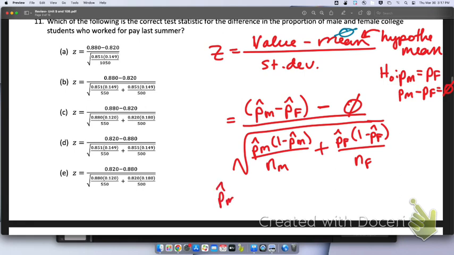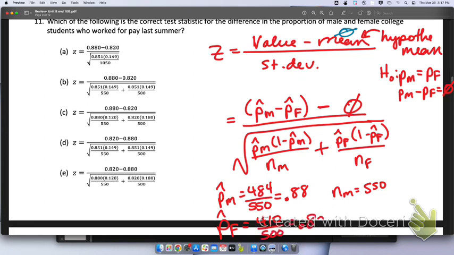So p hat for the males, there was 484 out of the 550, and so that is going to be 0.88. The sample size for the males was 550. For the females, p hat for the females was 410 out of 500.